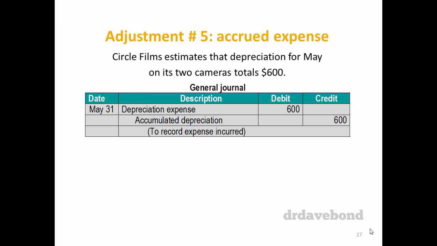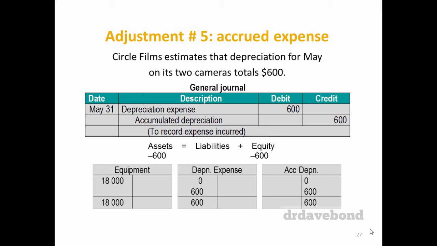So we debit depreciation expense $600, we credit accumulated depreciation $600. Assets go down by $600, equity goes down by $600. Equipment, depreciation expense is debited, accumulated depreciation is credited.